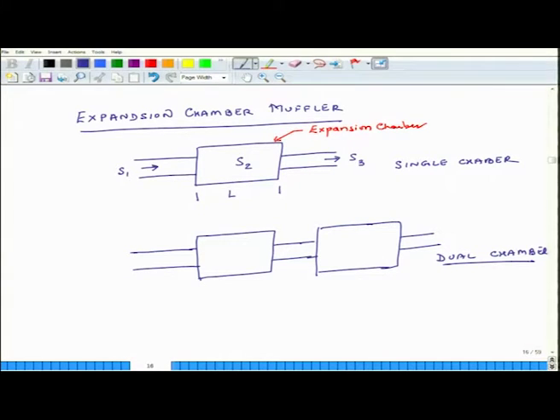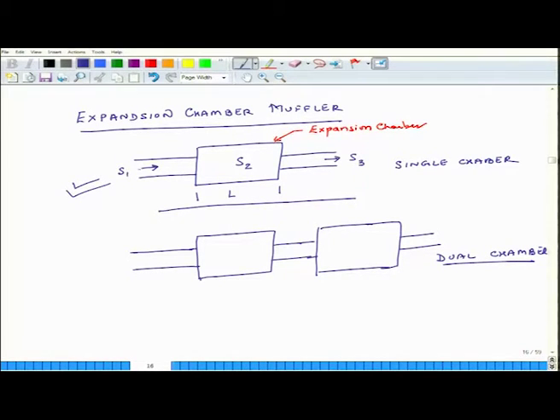So, what we are going to discuss specifically is the single chamber design, and in a lot of automotives this is the type of muffler. In a lot of cars and trucks, this is the type of muffler which is used, of course in a modified way, but the basic design looks something like this. Here the sound energy is going in and sound energy is coming out from the side S3, and once again what we are interested in finding out is the transmission coefficient, which is equal to W out divided by W in.